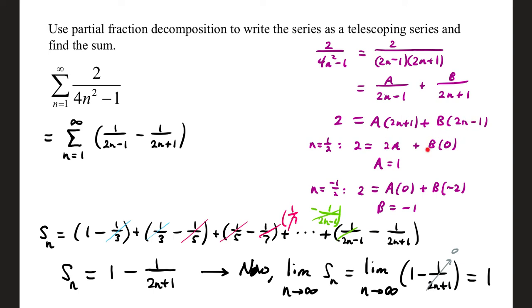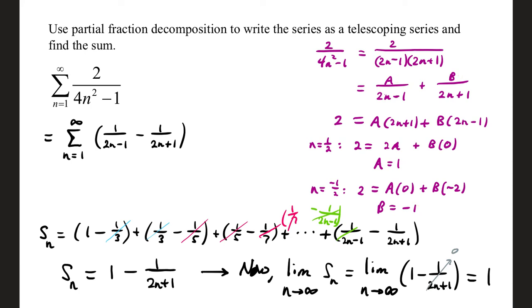This term goes to 0. That tells us a equals 1. So that's our numerator for 2n minus 1. When n is negative half, we have 2 equals b times 2 times negative half minus 1, and 2 times negative half plus 1 is 0. So that zeroes out the a term, even though we now know what it is. 2 times negative half minus 1 is negative 2. 2 divided by negative 2 is negative 1. So that's the value of b.